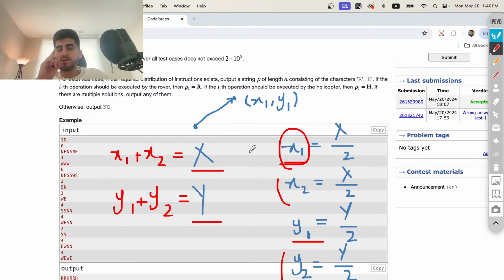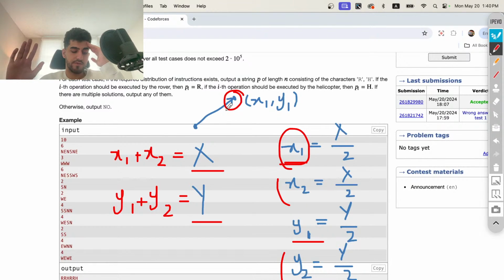And now, the next fact that I'm saying is this. It is only enough to move device 1 to point x1 and y1. It's just enough to move robot 1, device 1, to points x1 and y1. That is enough. Why?